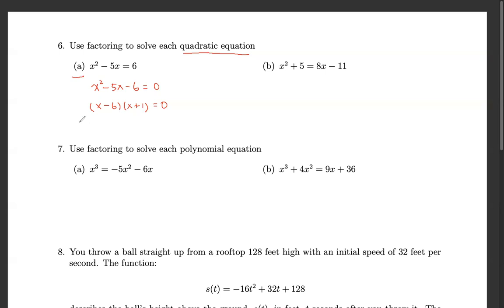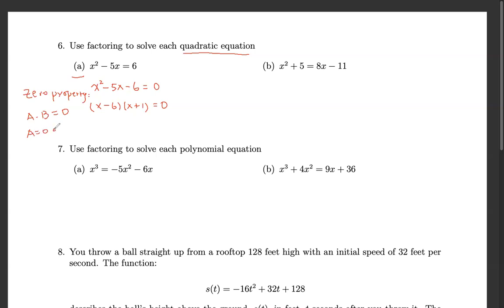Now we can use something called the zero property. The zero property says if we have something multiplied by something equals 0, this is a product. If the product of two things is 0, that means either one can be 0.